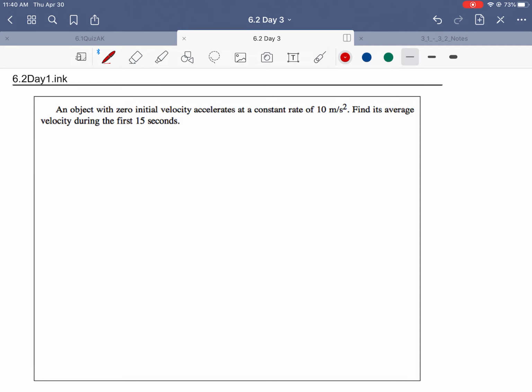Okay, so here's a little bit of context here. An object with 0 initial velocity accelerates at a constant rate of 10 meters per second squared. So that's the acceleration. We need to find its average velocity. Therefore, we need to be doing 1 over b minus a with the velocity function.